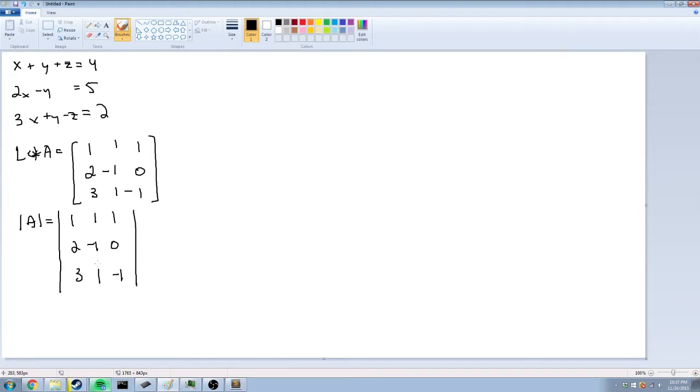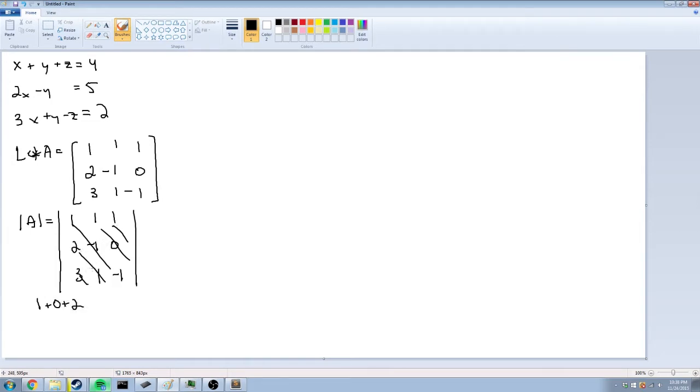And to find the determinant, you want to multiply this, this, and this. So this would be 1, because 1 times negative 1 times 1 is 1. And then 1 times 0 times 3 is 0, so plus 0. And then 1 times 2 times 1 is 2, so plus 2.